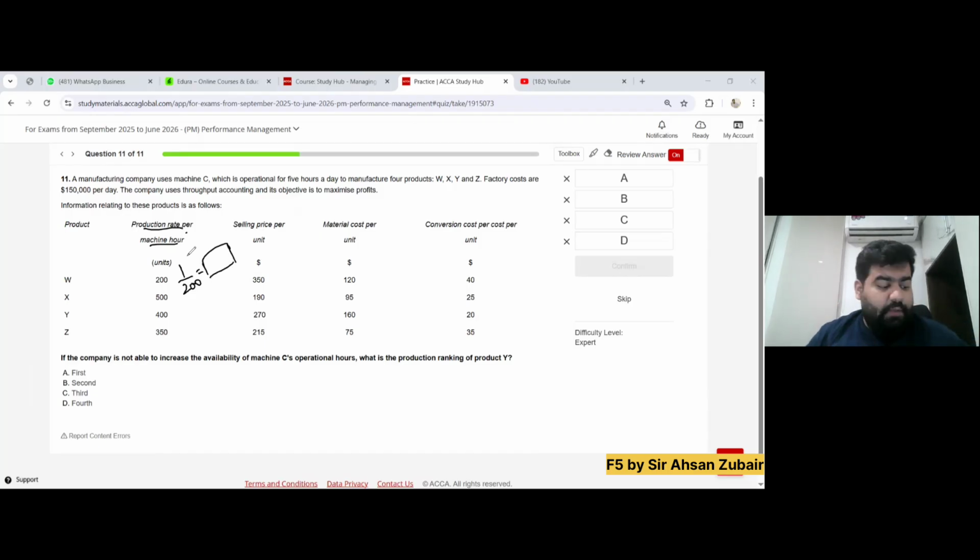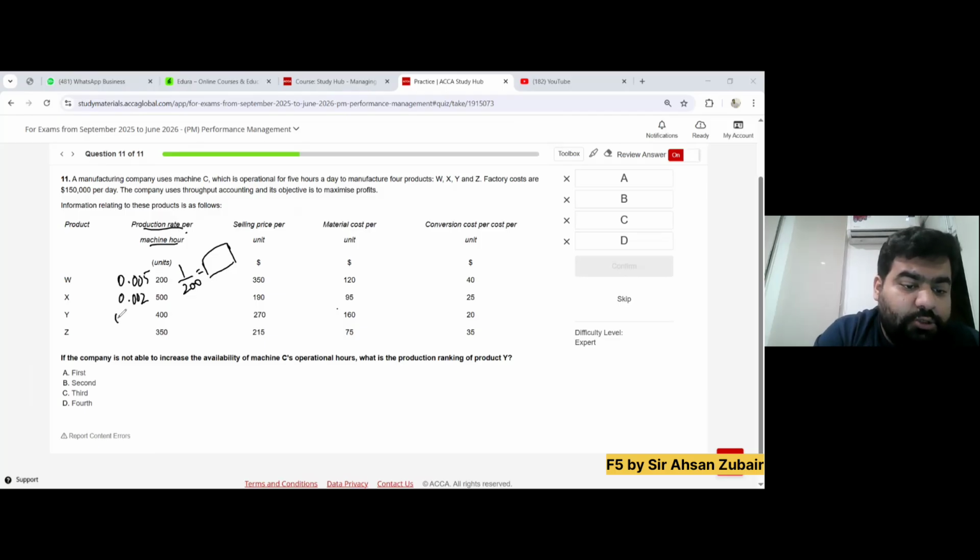So 1 over 200 is 0.005 machine hours required here. 1 divided by 500 is 0.002 hours. 1 over 400 is 0.0025 machine hours. 1 over 350 is 0.00285 hours.